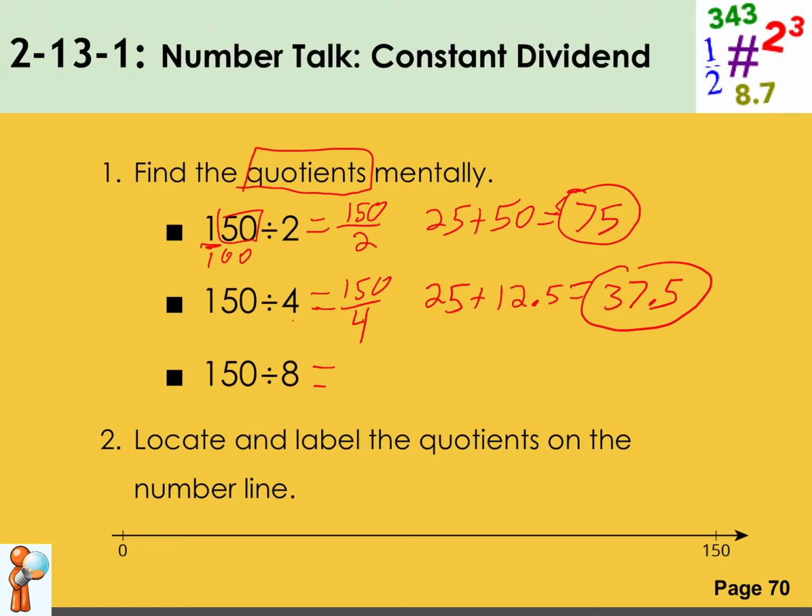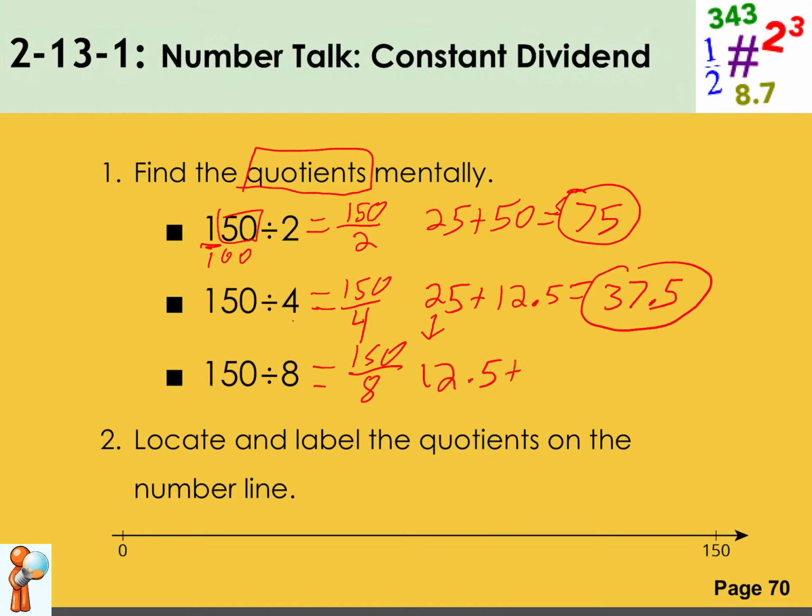So now we're down to 150 divided by 8. Again, I can divide it out the same way. Half of 100 is 50, and then half of that is 25, and then half of 25, which is where we're going, would bring me to 12.5.